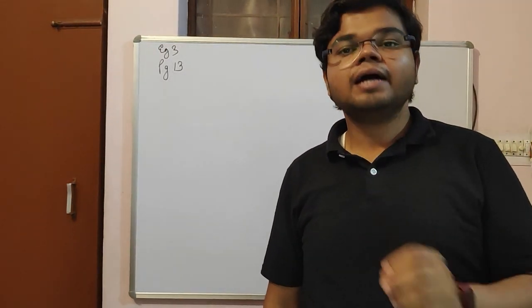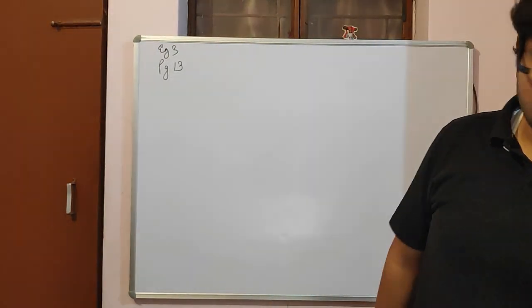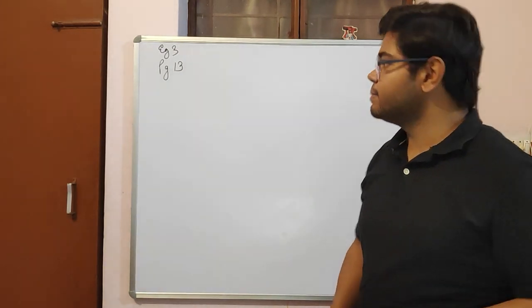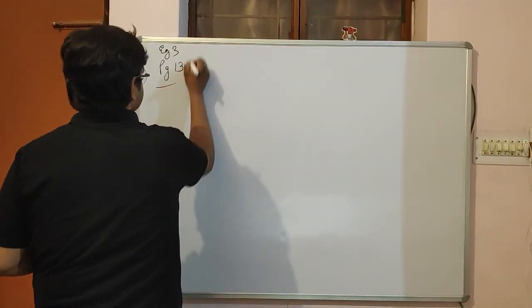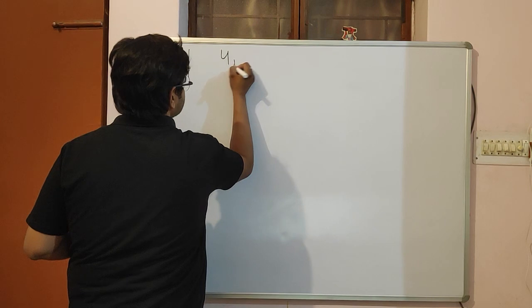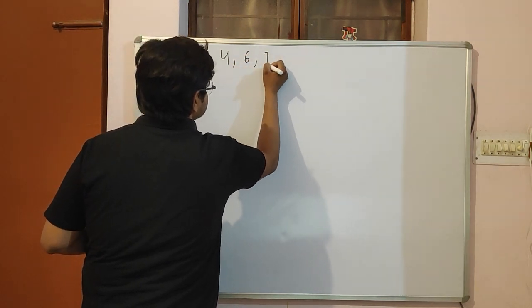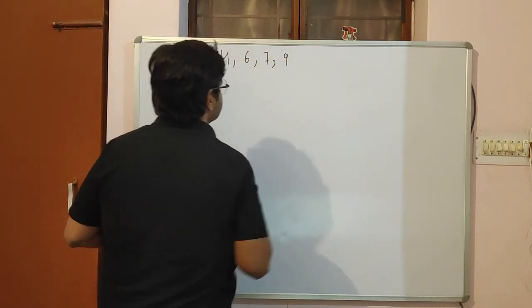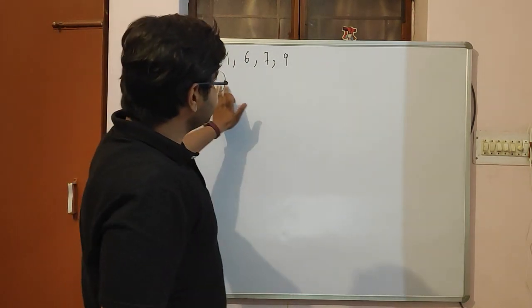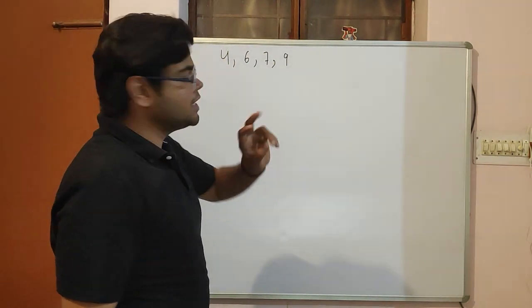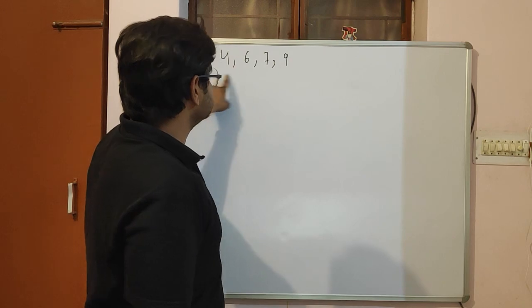So the question is that we have to make the greatest and smallest 5-digit number from the given 4 digits 4, 6, 7, 9, and we can repeat any of the digits twice.